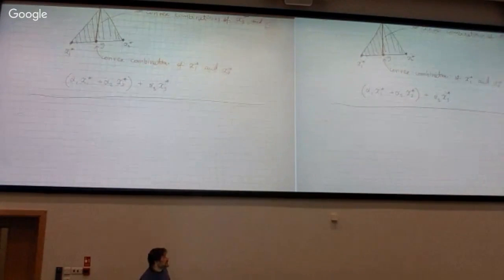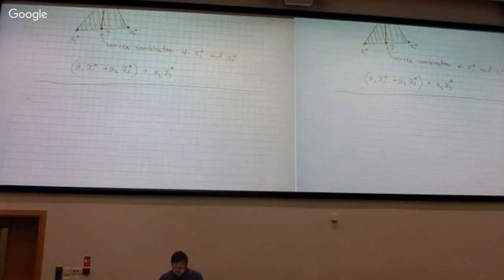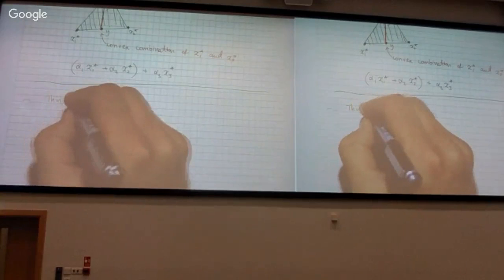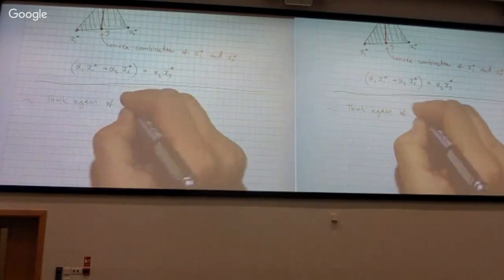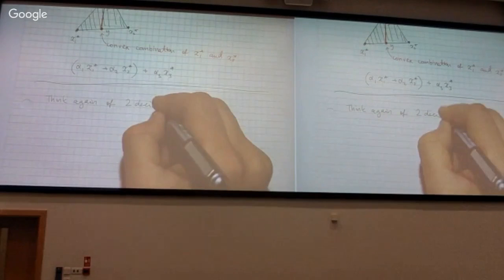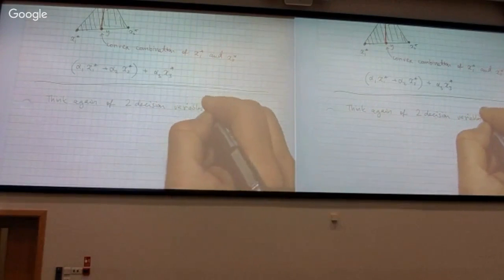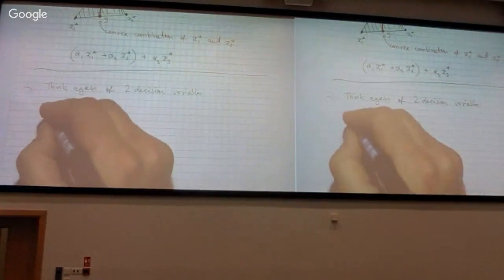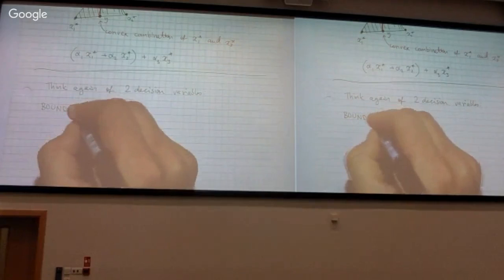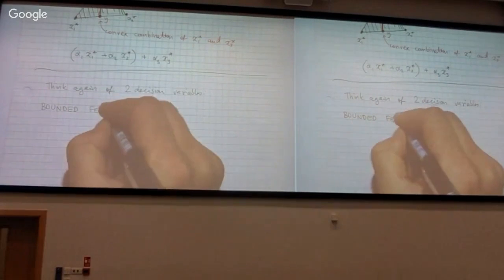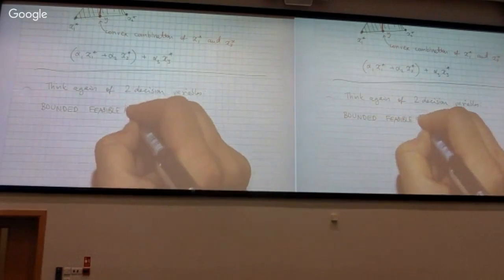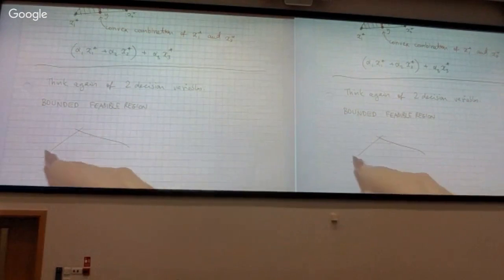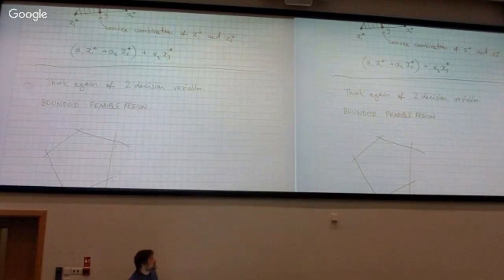There are some cases. You could have a bounded feasible region. What does that mean? Well, it doesn't go to infinity anymore. For example, this could be the feasible region.